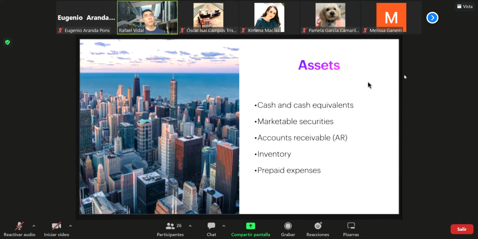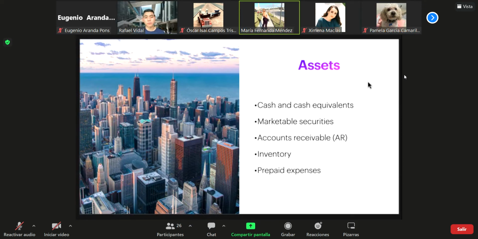I forgot the name in Spanish. CETES, I think. CETES. Who was it? María Fernanda. Yes, they are CETES. So that's also a marketable security, because even though you don't have the money in liquid form, at any time you can ask the government to give you your money and your return. So that's marketable securities, money that is easy to make liquid.